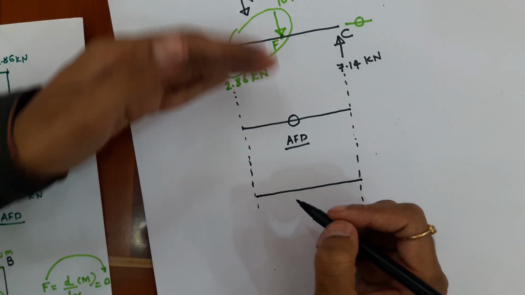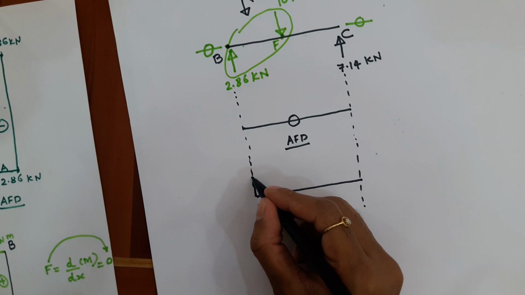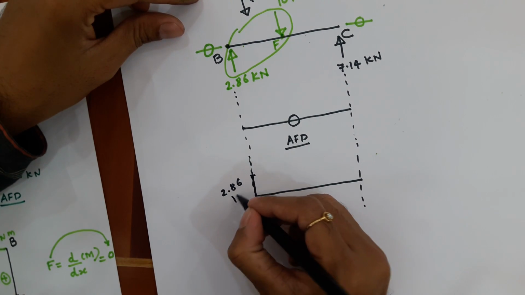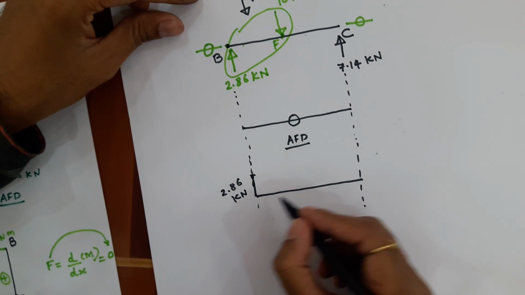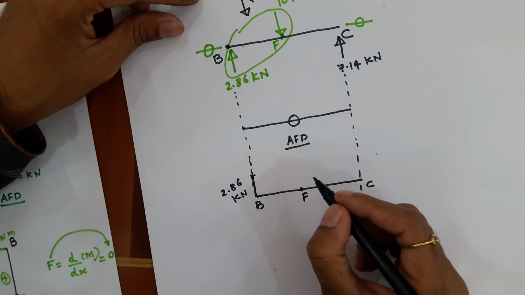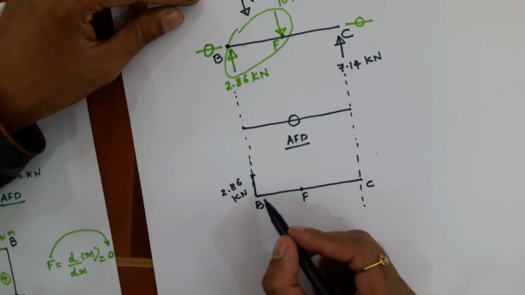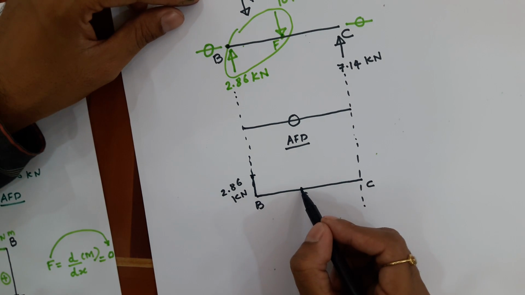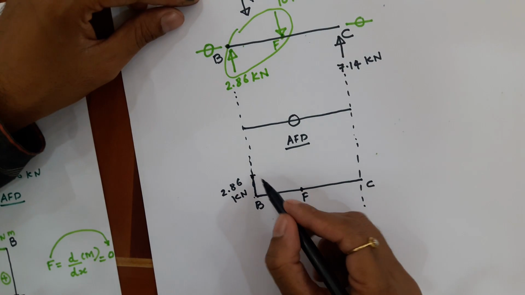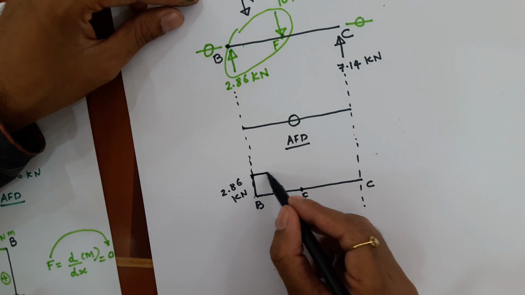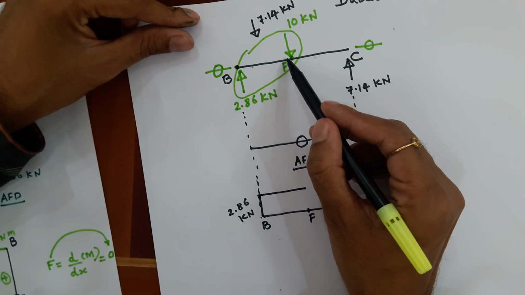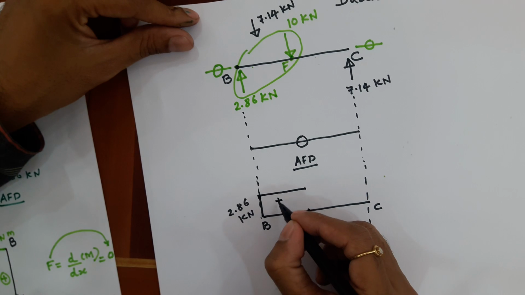I show it outside. So 2.86 kilonewton up. Now part BF is free of any forces. So we know from strength of materials that the shear force remains the same. So the shear force just left of F will be the same as 2.86.